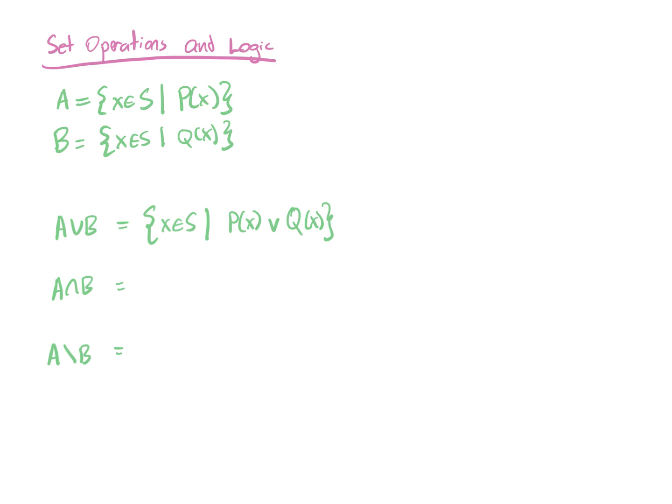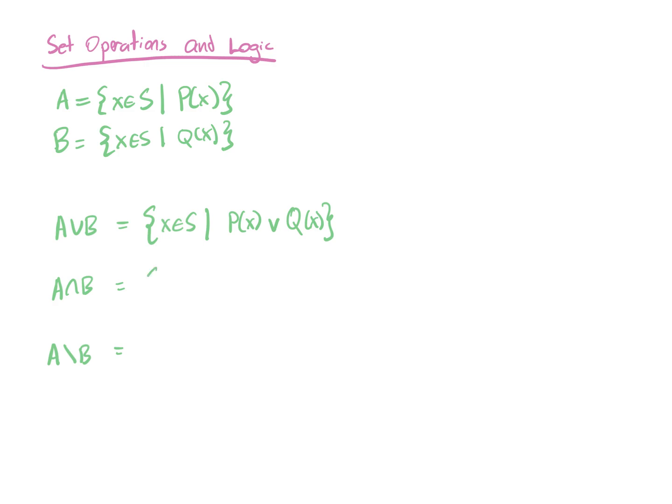So if we think of P as the criterion of inclusion for A and Q as the criterion for inclusion of B, then A union B is everything that satisfies either the criterion for A or the criterion for B.